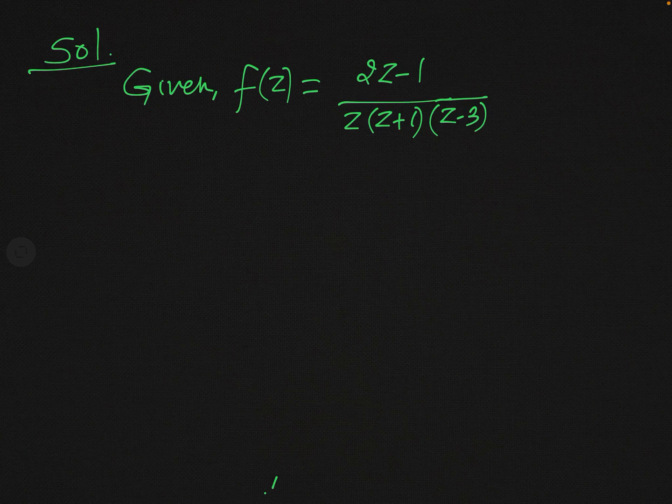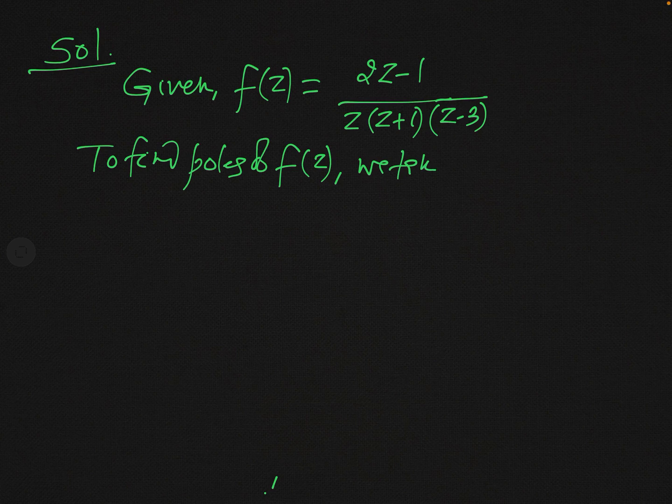You know, whenever we have to find the poles or isolated singular points of a given function f of z, we simply equate to 0 the denominator of the function. So to find poles of f of z, we take z into z plus 1 into z minus 3 equal to 0.